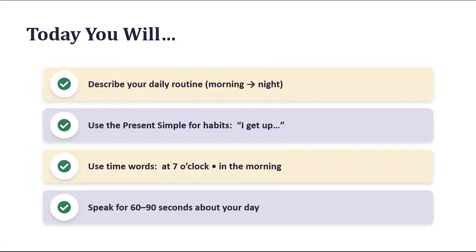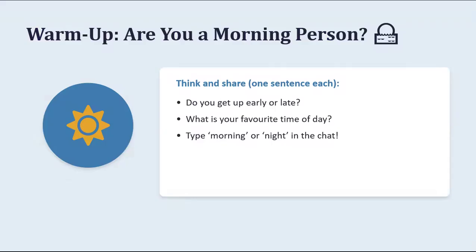You will use time words like at 7 o'clock in the morning, and you shall speak for 60 to 90 seconds about your day. Daily routine uses grammar you will use all the time, the present simple. Today you will describe your day.